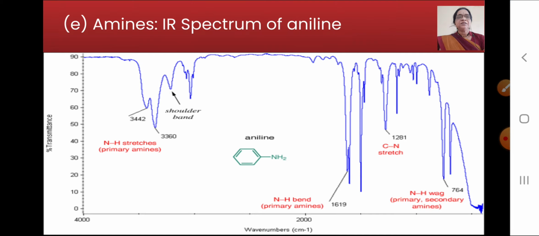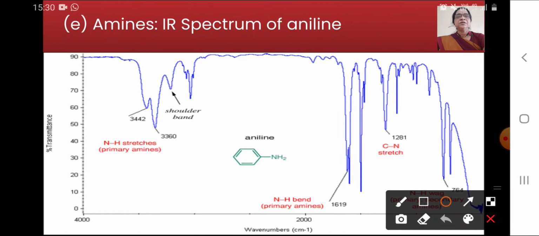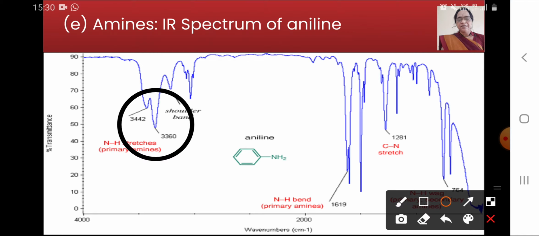Now see here the symmetric and asymmetric stretch. This is showing two bands. One is the symmetric and the second one is the asymmetric. It indicates the presence of a primary amine. It is observed at nearly 3400 per centimeter and 3300 per centimeter.